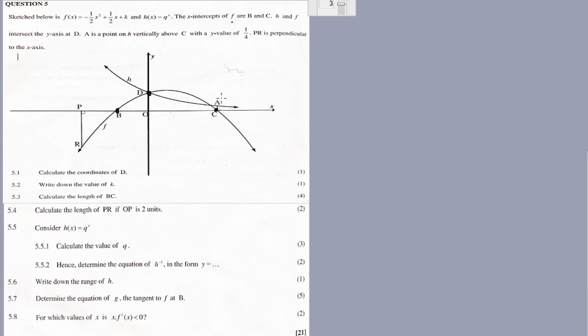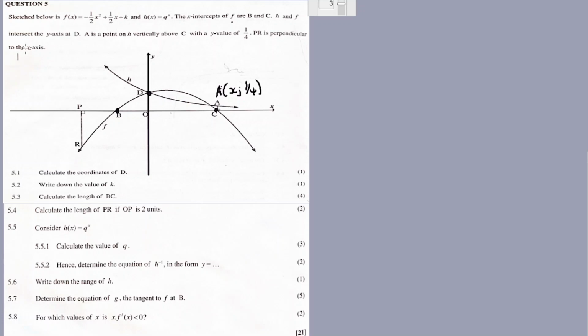If the x-coordinate for A is 3, then the x-coordinate of C is also 3, with a y value of 1 over 4. A is a point on h. So the coordinates of A are x and 1 over 4, and it's part of the graph of h, an exponential function.